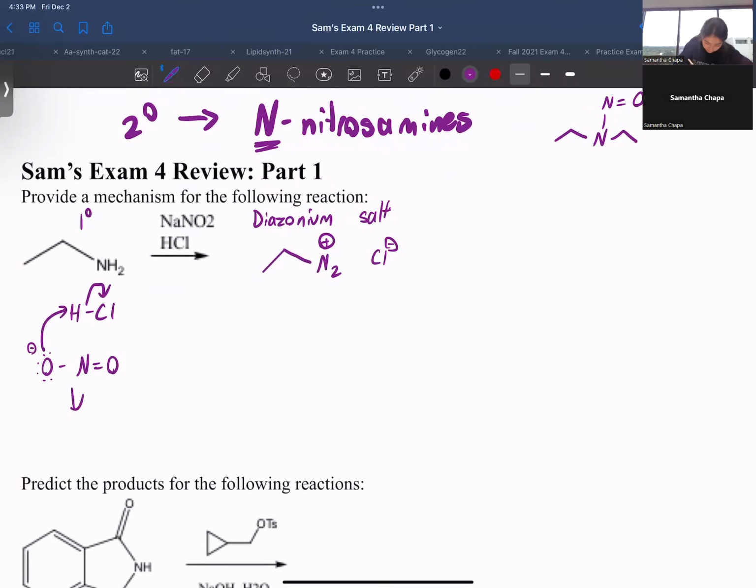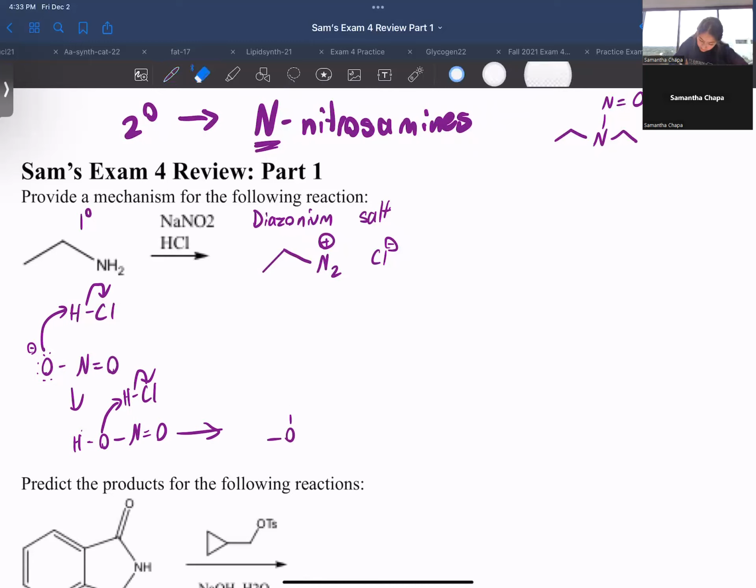Protonate, get OH. Cool. We're going to keep protonating. A lot of this is going to be a lot of protonation with HCl. We make a water.